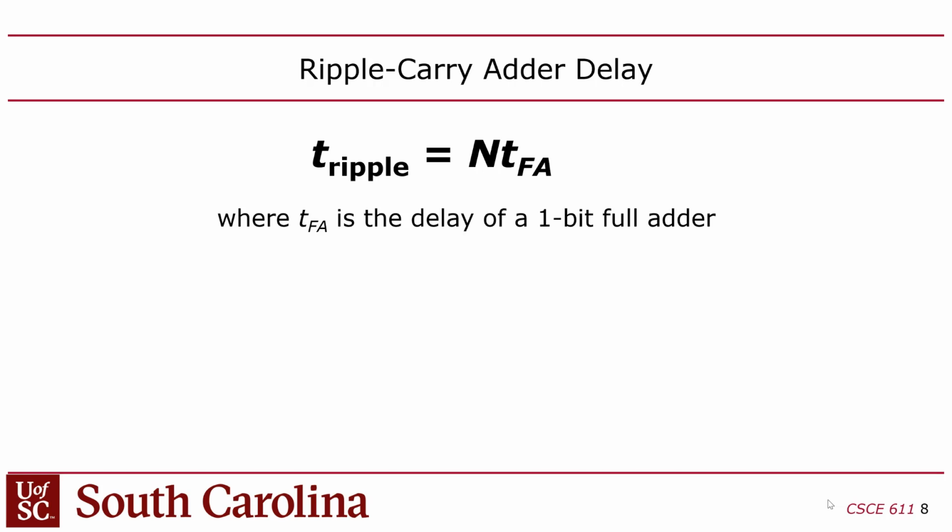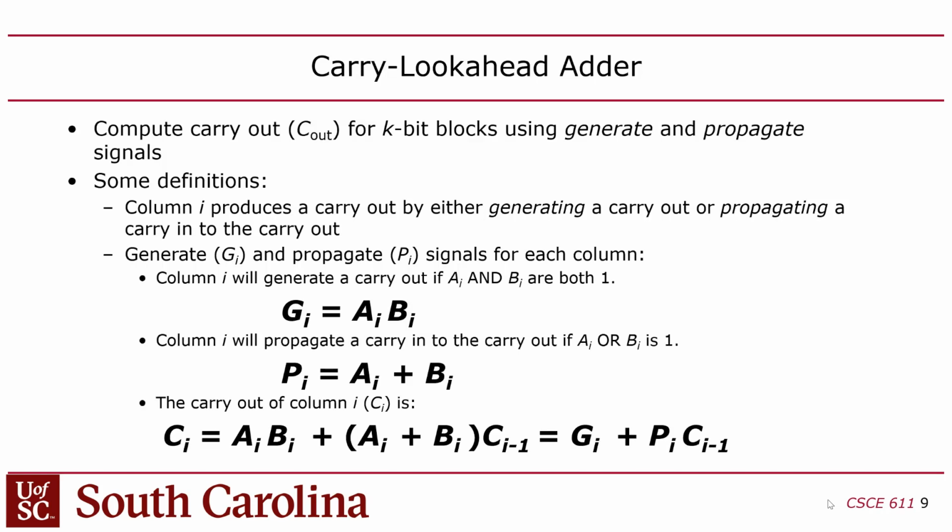So when you're doing your timing analysis, like we talked about in the last lecture, that's the propagation delay of the full adder. And this is not good. It scales up with the number of bits.